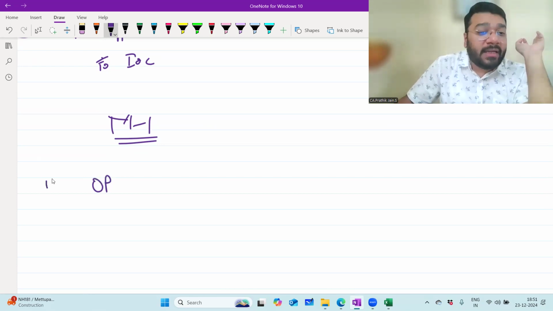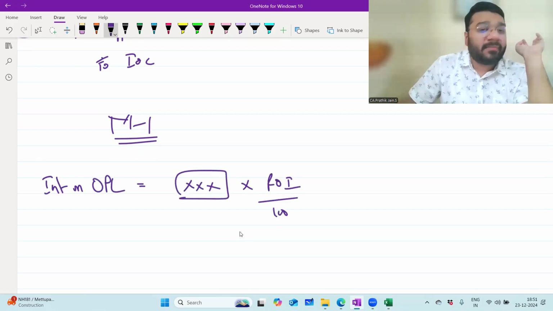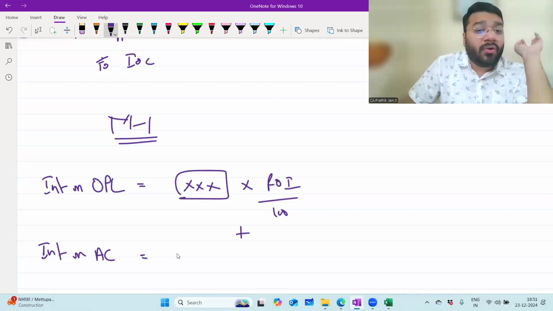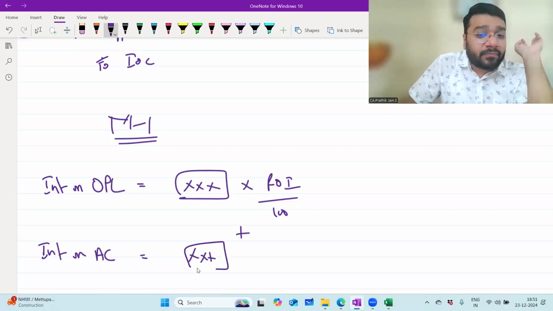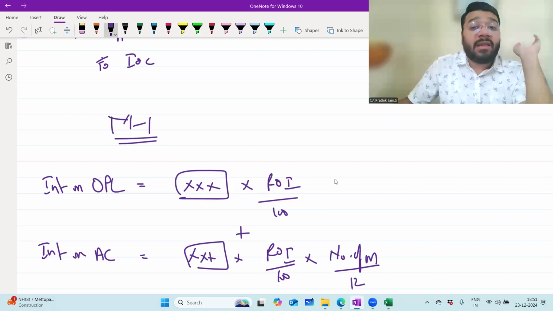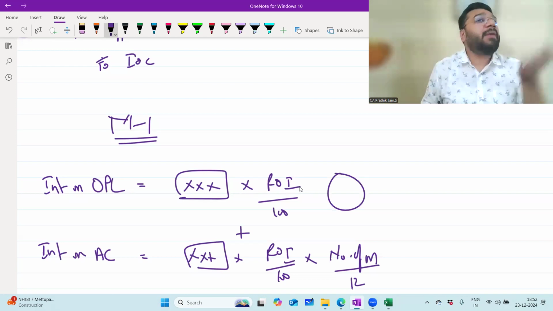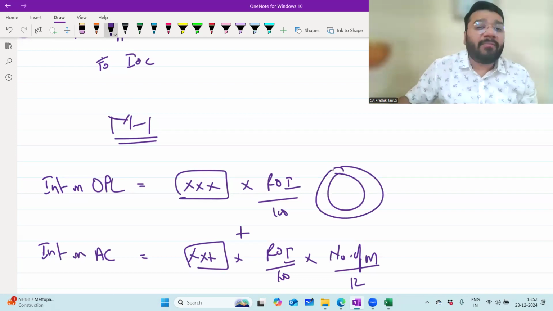On the opening capital, interest is opening capital into rate of interest by 100, plus interest on additional capital: additional capital into rate of interest by 100 into number of months by 12. Opening capital is there from the beginning till end, which means you have used it for the entire year. 12 by 12 means 1, so I've not put any number of months by 12 here.